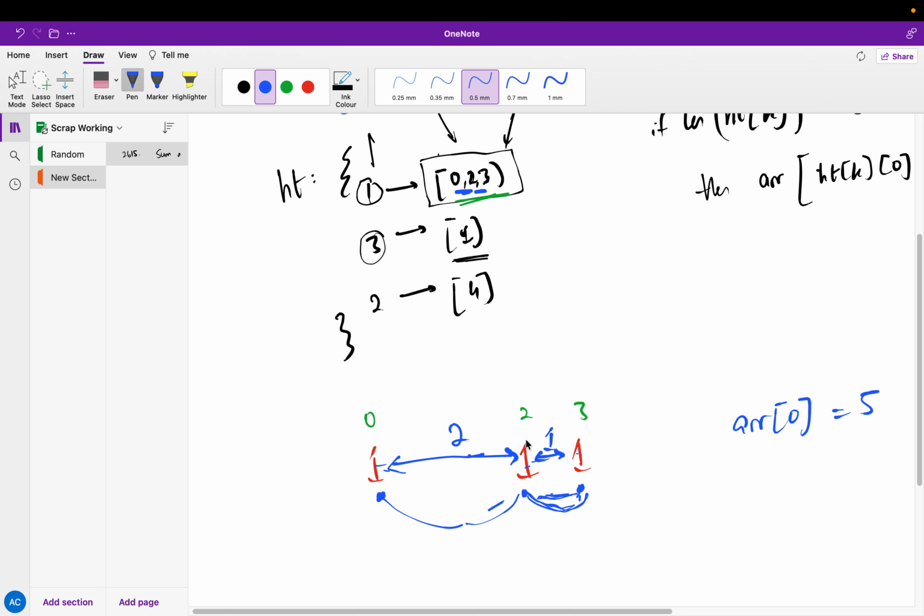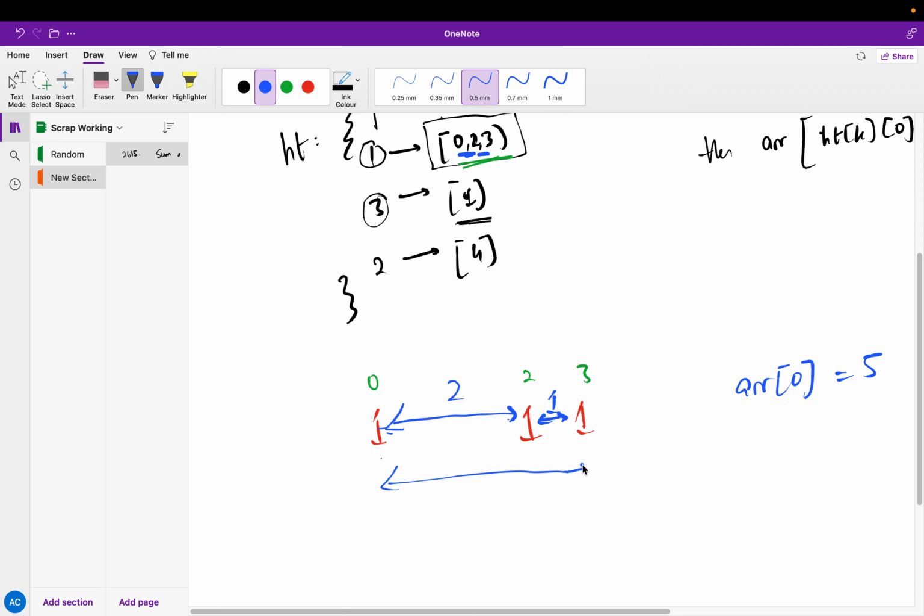Or even, maybe it's better to find the distance between the first one and each subsequent one. That is, from here to here, it's 2, and then from here to here, it's 3. Then the sum of these two gives me the first value.